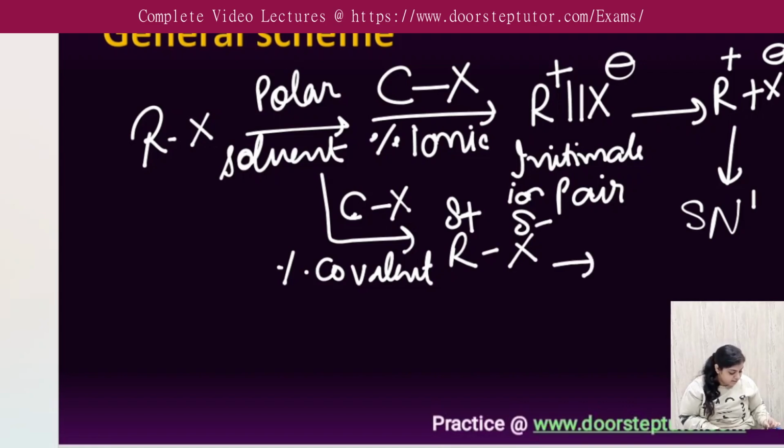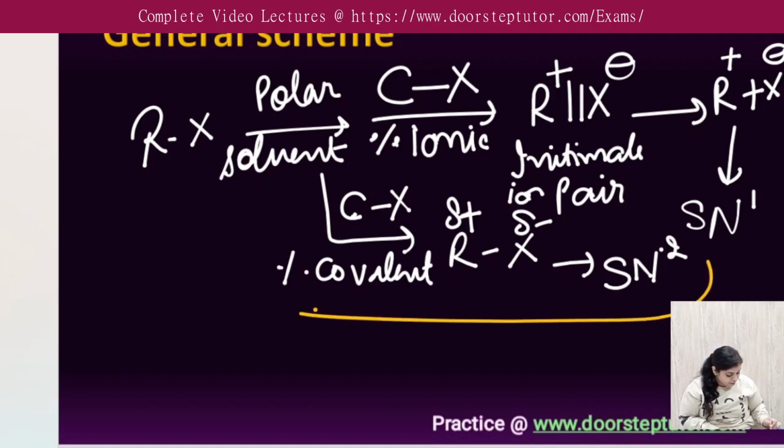This type of mechanism is generally seen for SN2 reactions. So that means we are going to see the SN2 path firstly. My carbon and halogen bond that is present has a covalent character, so we are going to focus now only on this path where the SN2 path is followed.